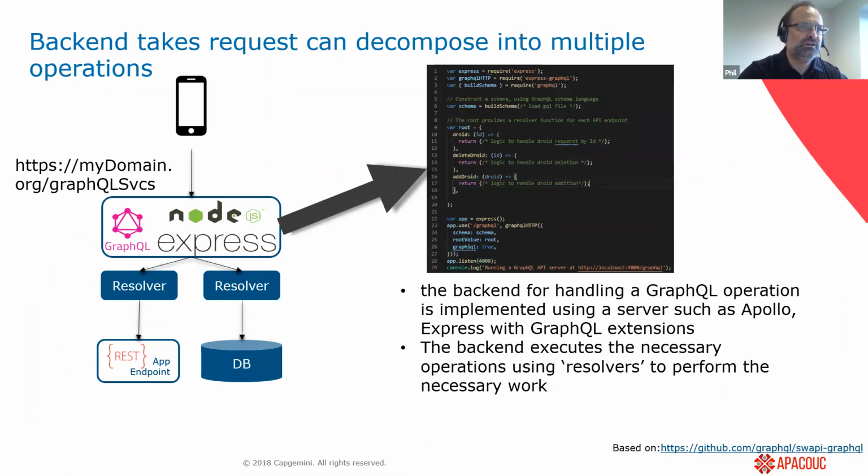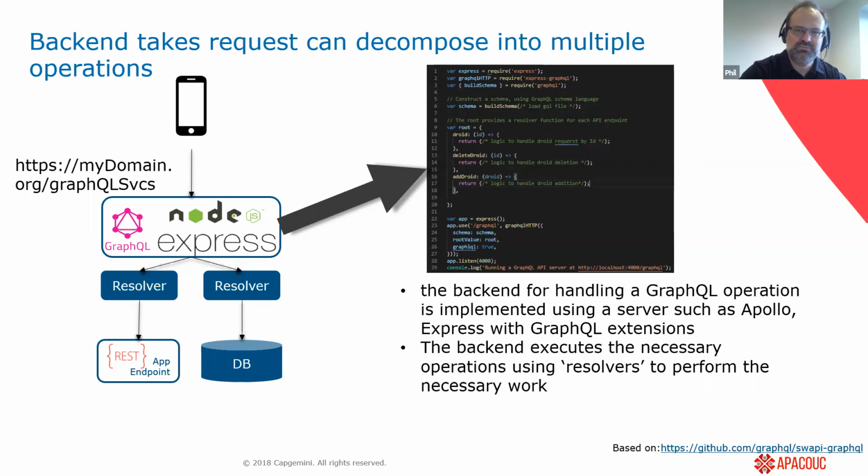So in the back end of a GraphQL setup, you have a GraphQL engine, which is typically implemented in Node. And then you have, as we saw, the idea of resolvers, which will effectively take the request and resolve it either by executing data manipulation or actually performing a query.